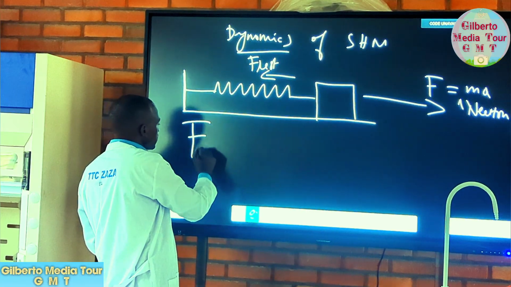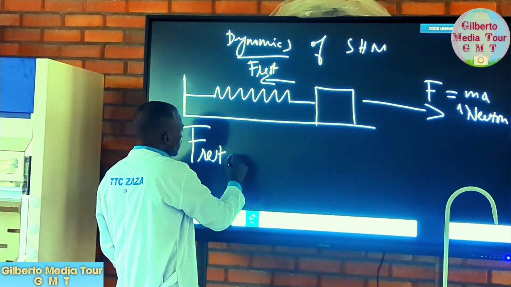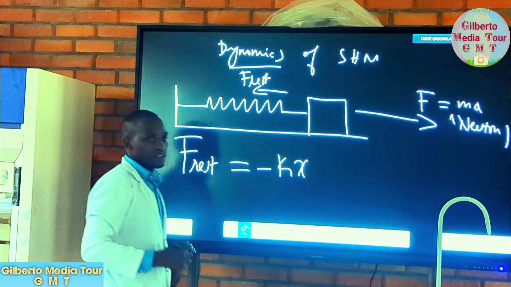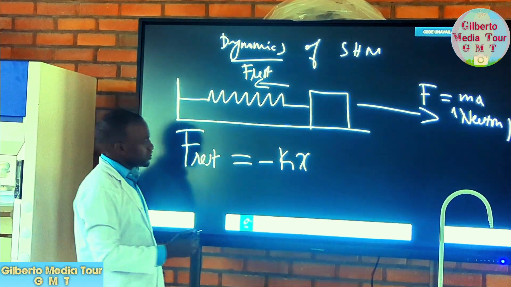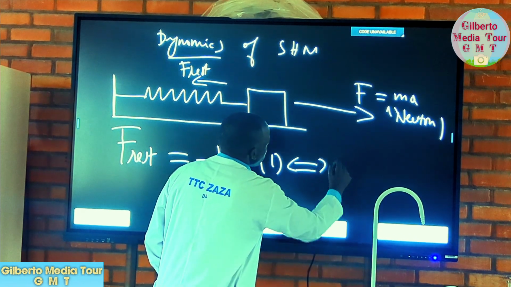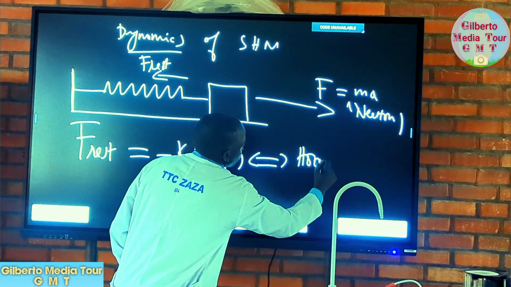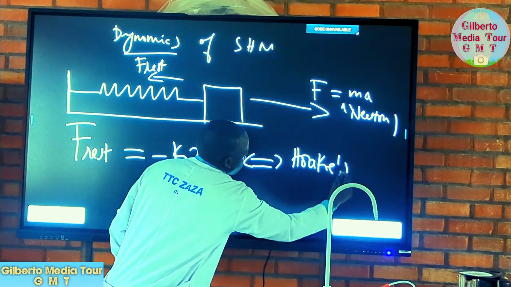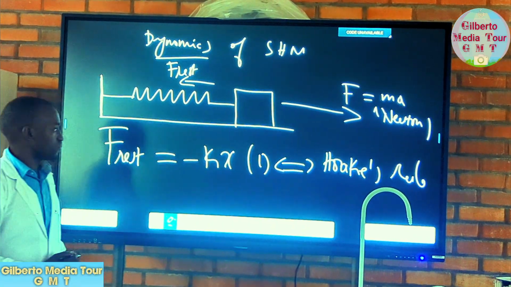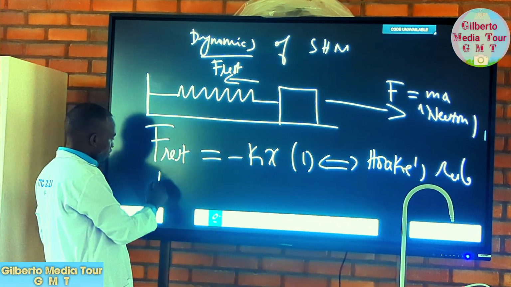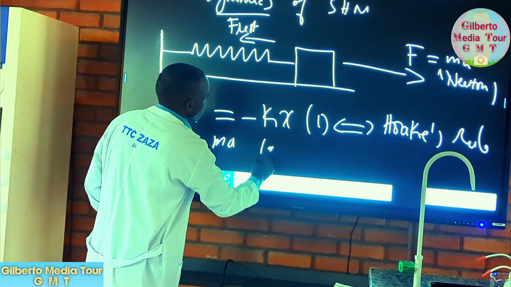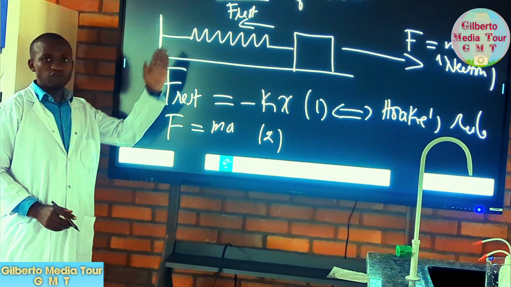So the restoring force always equals negative kx. This refers to Hooke's law. Whereas according to Newton, force equals mass times acceleration. So remember, we have two forces.